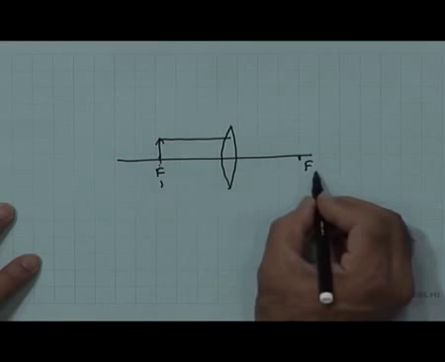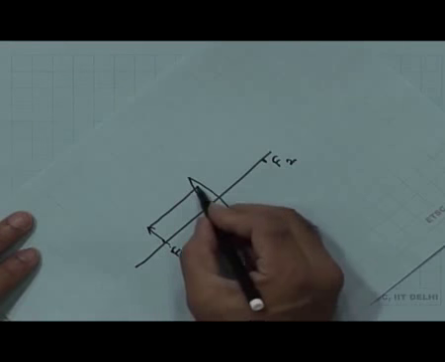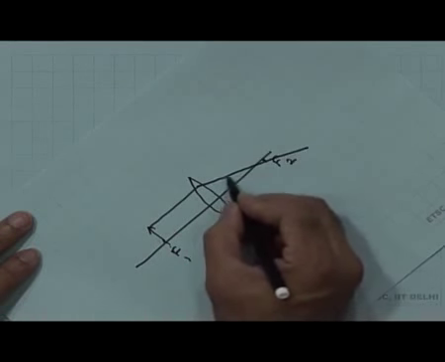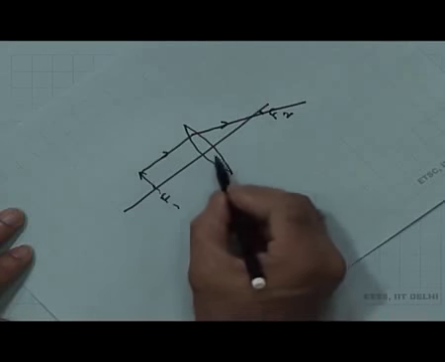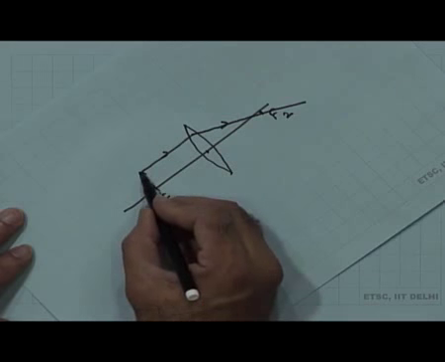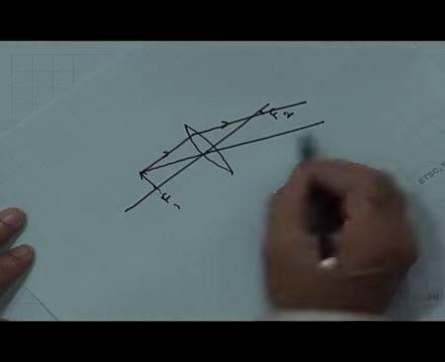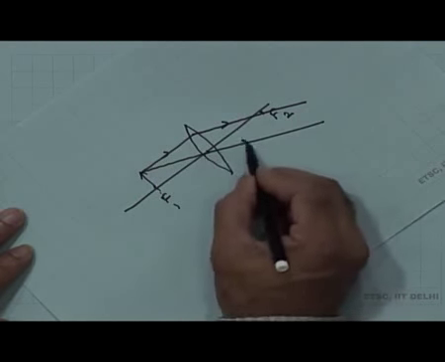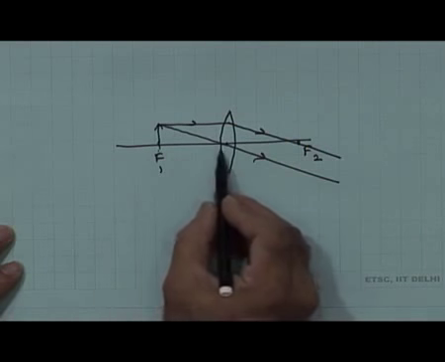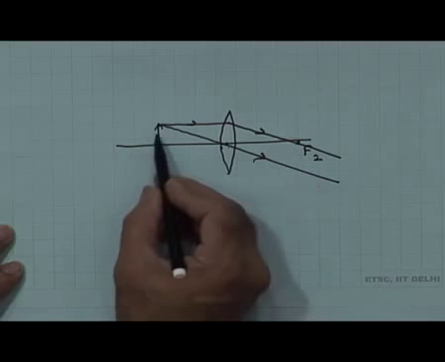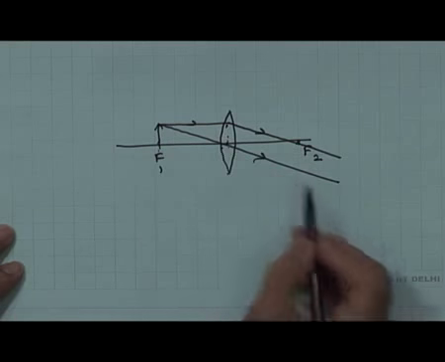So, this is f1 and f2 we recall, and the ray would pass like this through the focus, and we take a parallel ray which is also passing from here. It is the ray passing through this center point, and they will turn out to be parallel, because this distance is the same as this distance, this height is the same as this height.